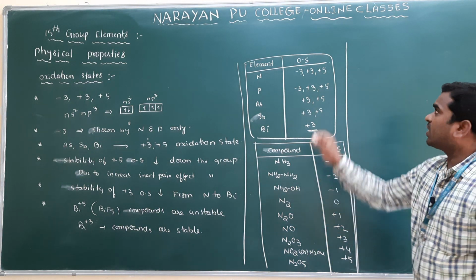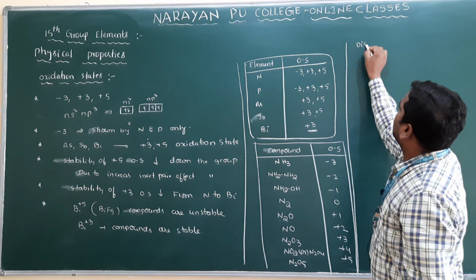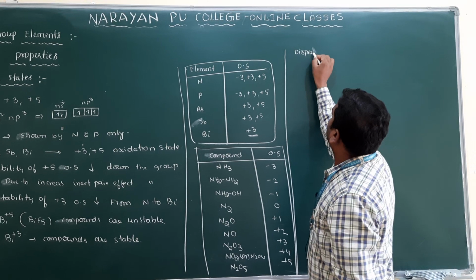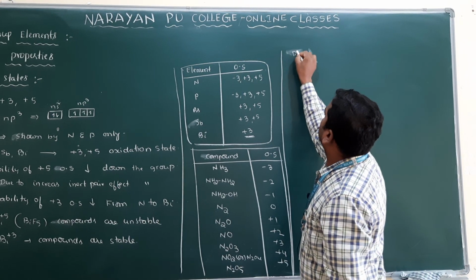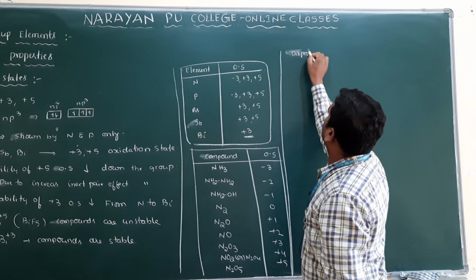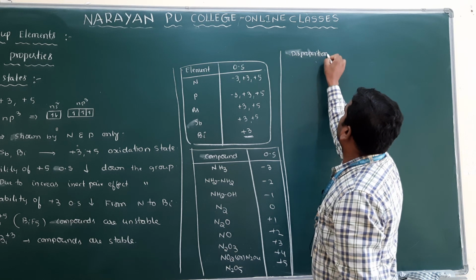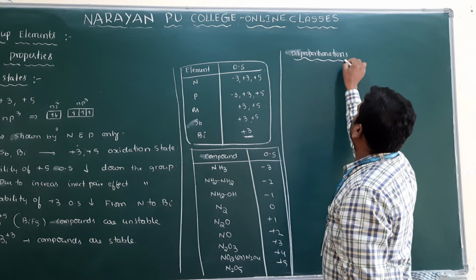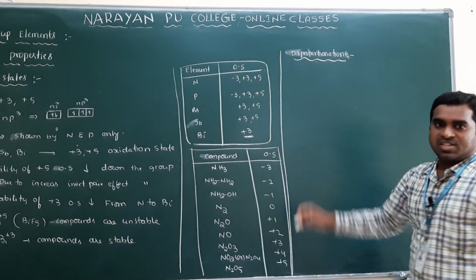And the next one is disproportionation. Disproportionation means disproportionation reactions. Clear?